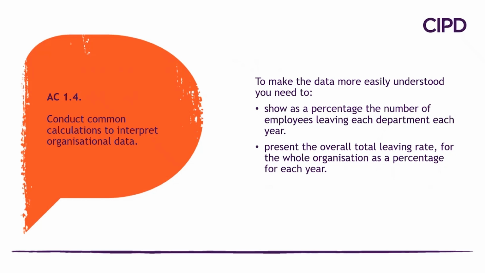As I mentioned earlier, we often convert raw data into percentage form because it makes it more easily understood, and more visual for an audience, for managers, or whatever you're presenting the data to. So it's a pretty straightforward and simple task. Next slide, please.